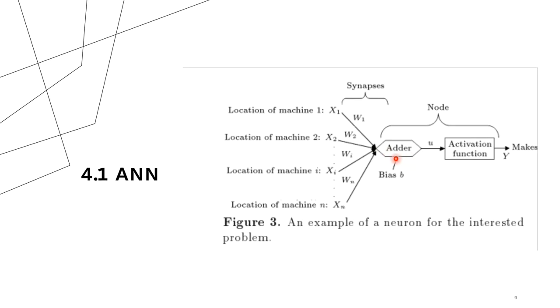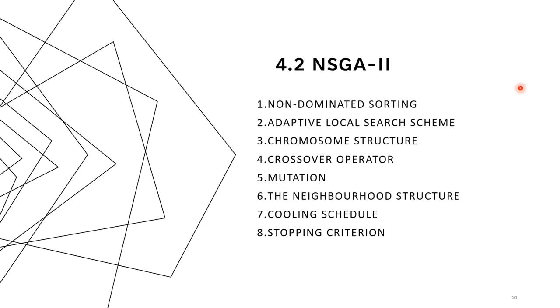The output of the ANN model is the makespan. Regarding the process of ANN, each single neuron takes an input and weights it by synapses this way. Then, through an adder, a bias value b is added to the signals to generate the value u. Finally, the activation function transfers the value u to the output, which is the makespan. In the next part, my friend will tell you more.